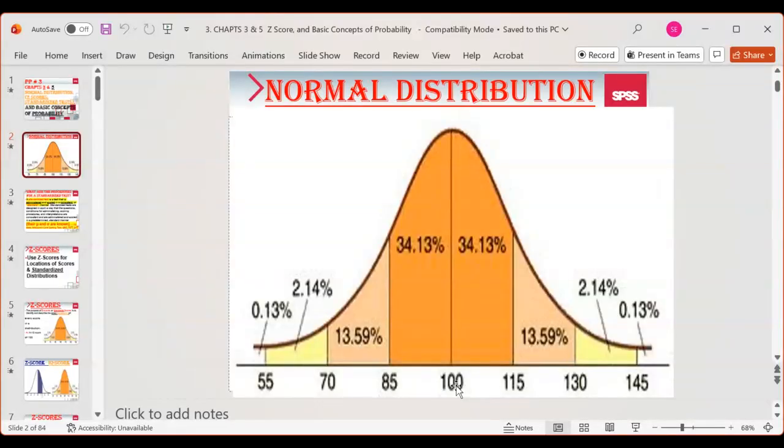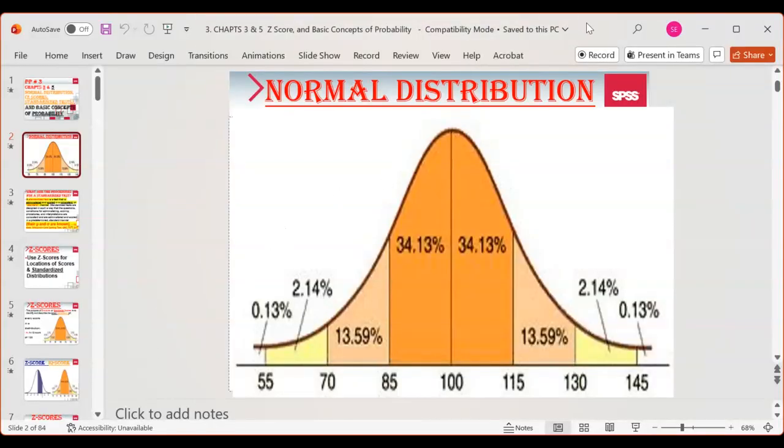Average normal people have an IQ of 100, and the standard deviation for IQ is 15. So you move up or down 15 points, that's one standard deviation.